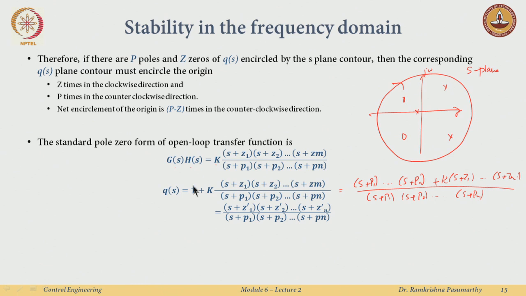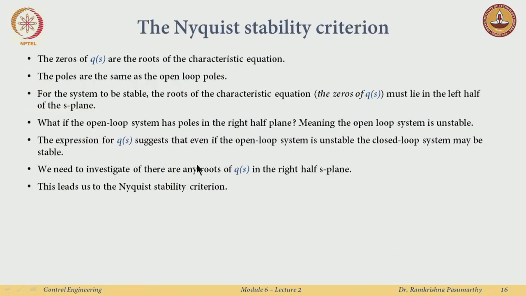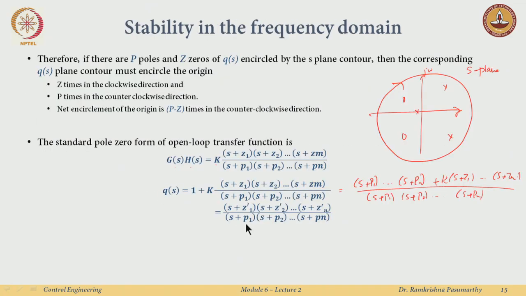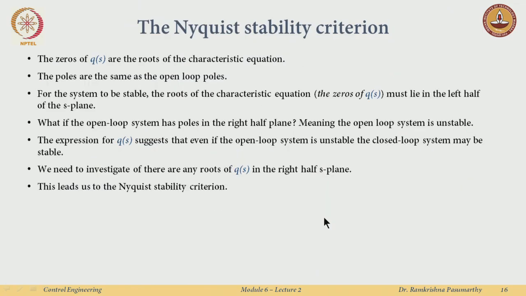We are just dealing with 1 plus GH, only the characteristic equation. And the poles of Q(S) are the same as the system poles.